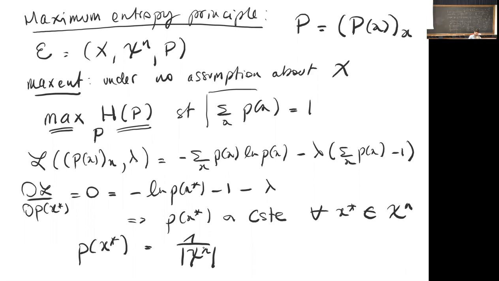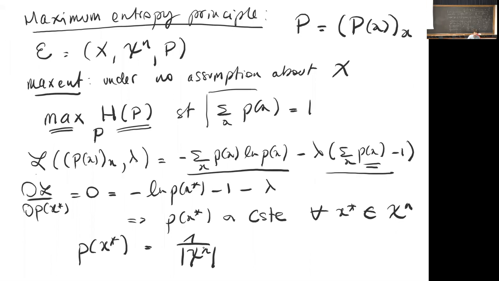The Lagrange function here is a concave function plus a function which is linear in p. And the function which is linear is both concave and convex. It's the limit between the two behaviors. So if you add a linear function to a concave function, it remains concave. Or if you add a linear function to a convex function, it remains convex also.